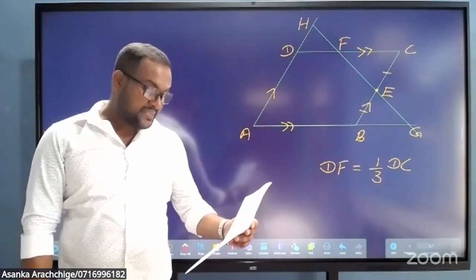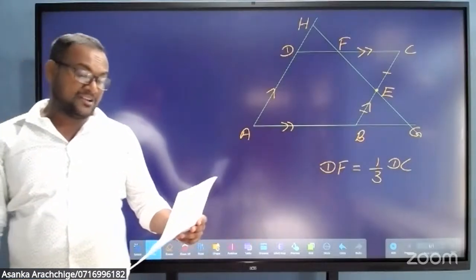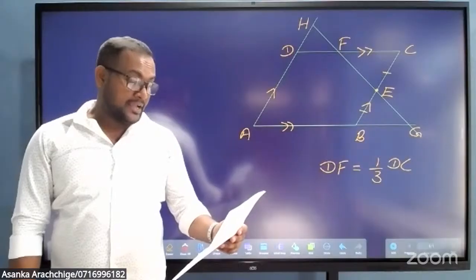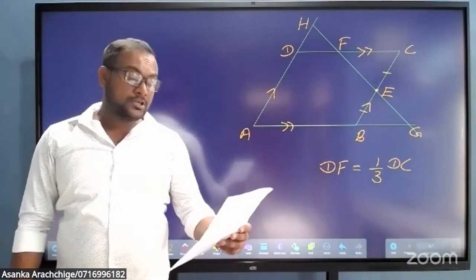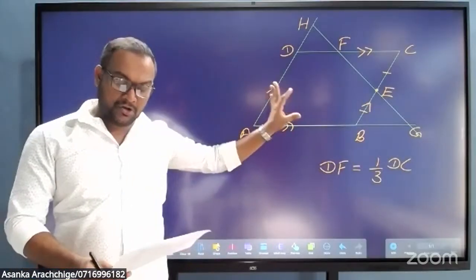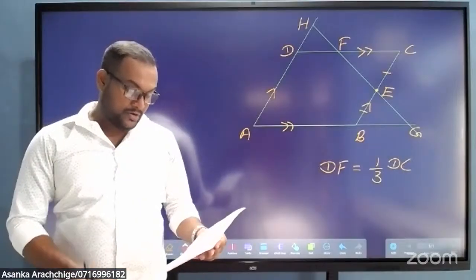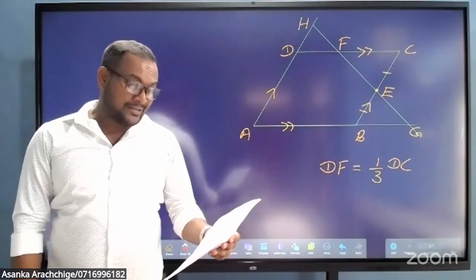Here, the line AB produced meets the line FE produced at G, and the line AD produced meets the line EF produced at H. I have already mentioned those things on the board in the diagram. Copy the given figure in your answer script.